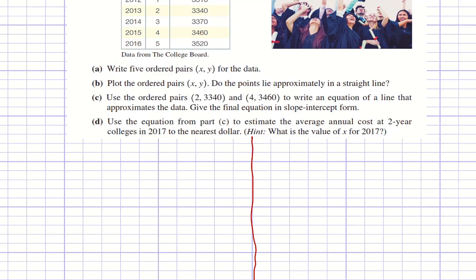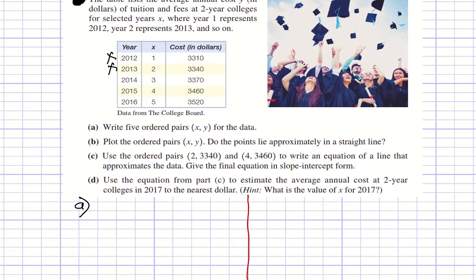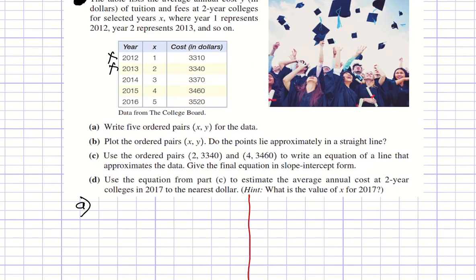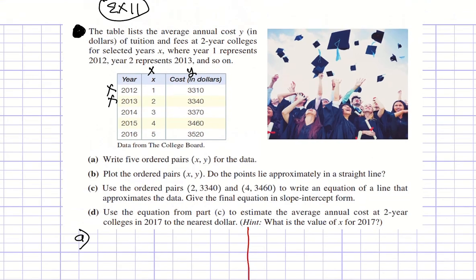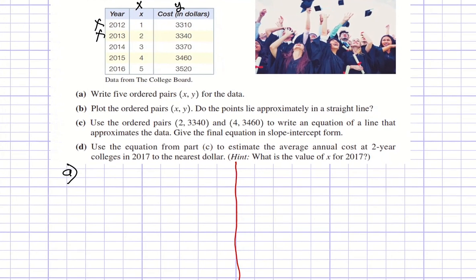So it's write 5 ordered pairs for the data. That's number A. You keep X as the year, and the cost is Y. So year represents X. That means we're going to write these 5 of them.